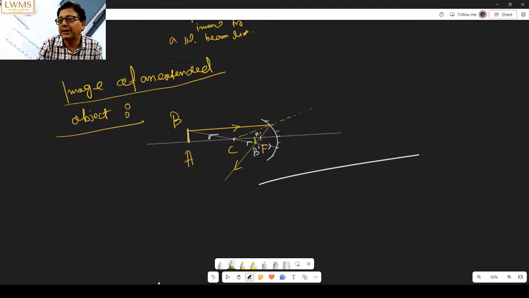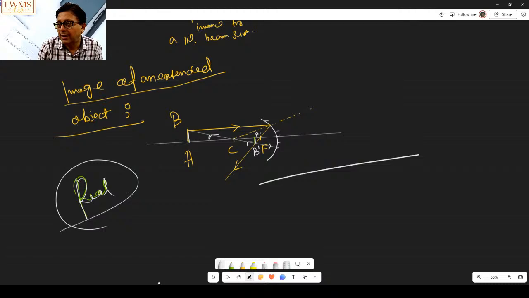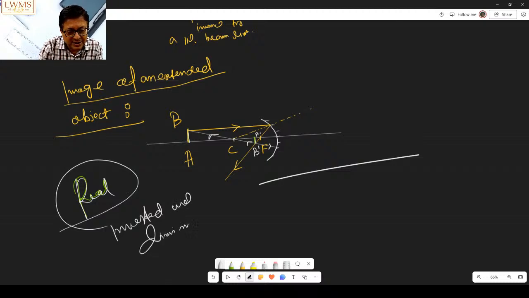What will be the nature of the image? It is real, inverted and diminished. Clear?